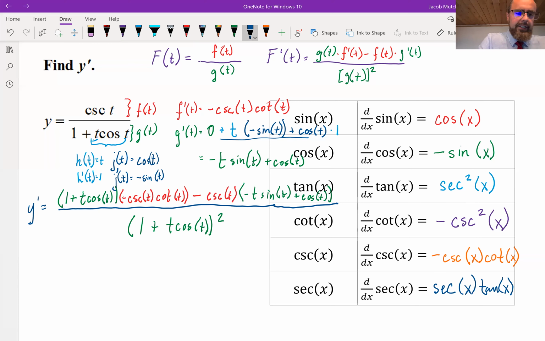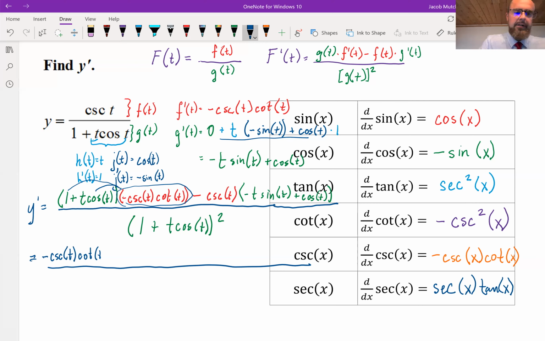So we'll just put an equals, and we'll put our fraction bar again. And again, we're looking for some cancellation. So I'm going to distribute this whole piece in red to the 1 and to the t cosine t. So that's going to be itself basically negative cosecant t cotangent t.